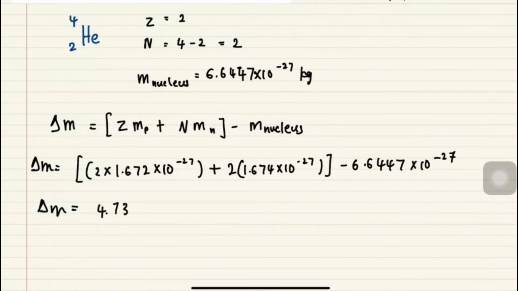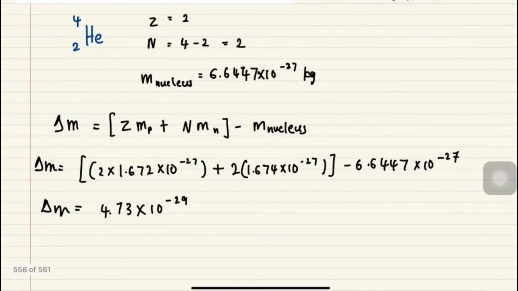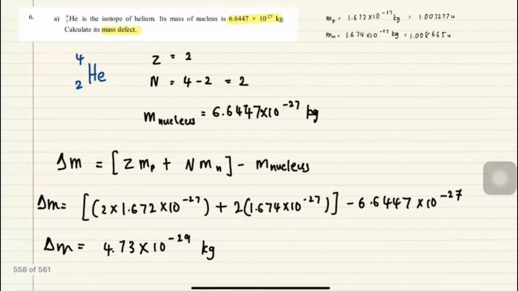Cuba tekan, sebab this one involves lots of numbers, so make sure you press it correctly. Betul, sir. Okay, betul. What is the final unit for this one? Unit dia apa? kg. Okay, very good. It will be in kilogram because everything is in kilogram. Okay, that was for question 6A.